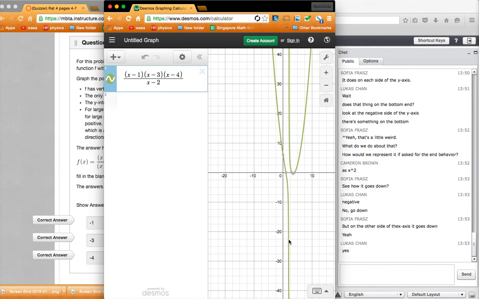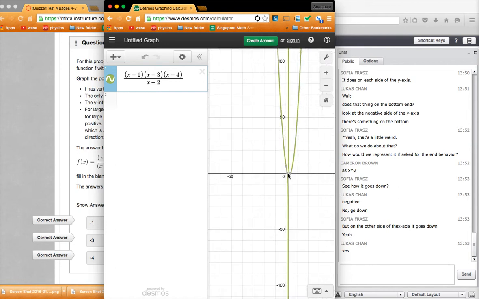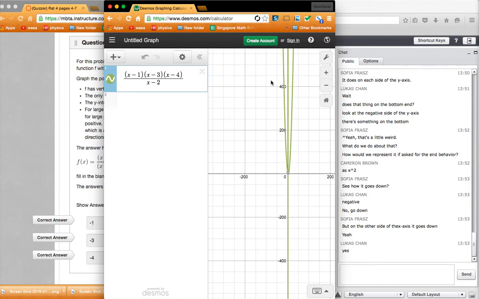Oh, well, remember, the horizontal asymptote only applies when you're talking about really large x values. These values in the middle, they're not large enough for us to see these horizontal parameters play out. Does that make sense?